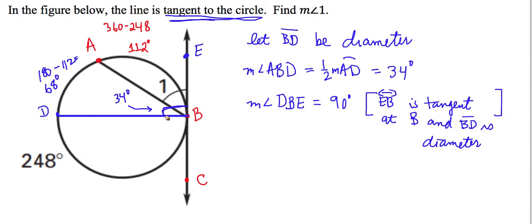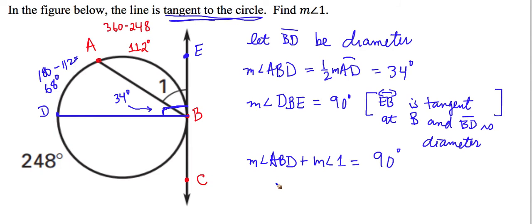This is the 90-degree symbol. And we can see from this that it's not too difficult to figure out the measure of angle 1, because the measure of angle ABD plus the measure of angle 1 must be equal to the measure of DBE. And so this angle here, that's 34 degrees, and angle 1 together make up the 90-degree angle.